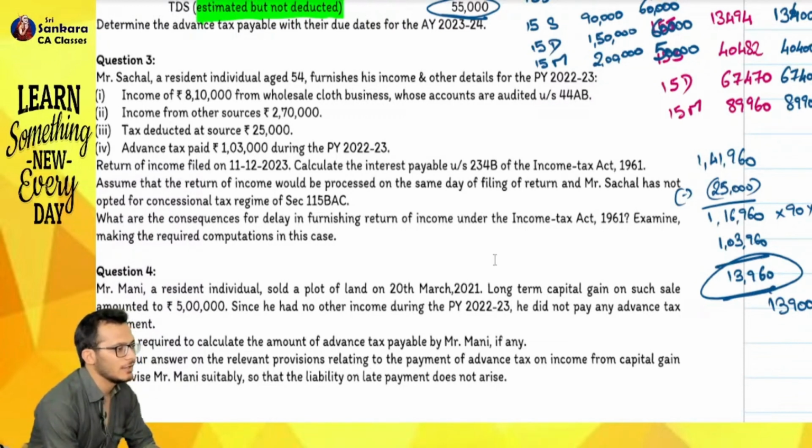Any kind of heading C is not allowed. 4 items which are there in the inter syllabus. 234A, late filing fee. Any kind of losses cannot be carried forward unless and until it is a HP loss or a UD loss. Then any deduction under heading C will not be granted to you. Okay, these are the 4 consequences of filing your late return.